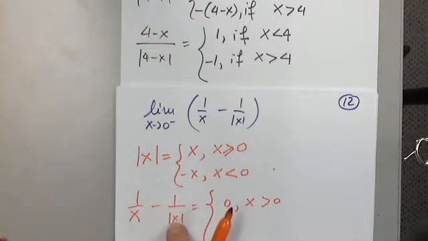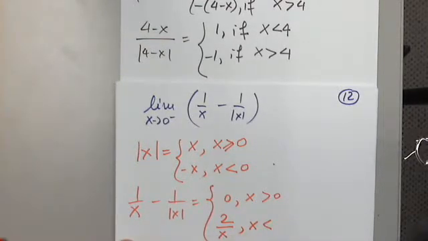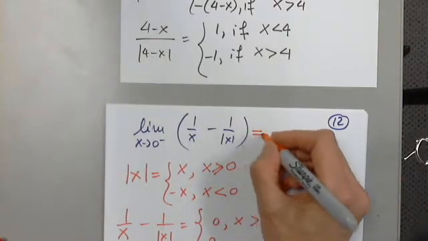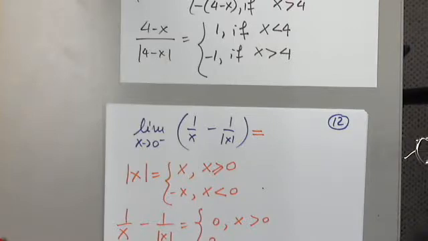What do I get? Yes. So 1 over x plus 1 over x. An apple plus an apple. 2 apples. 2 over x, comma, x less than 0.